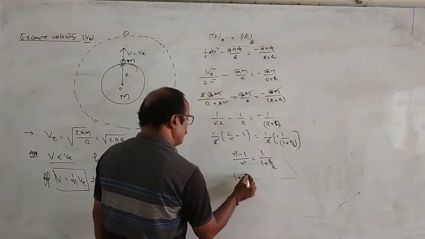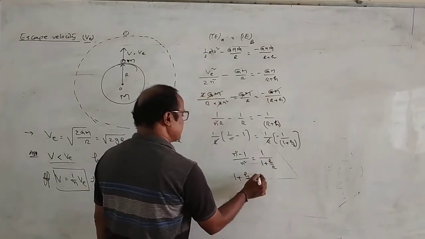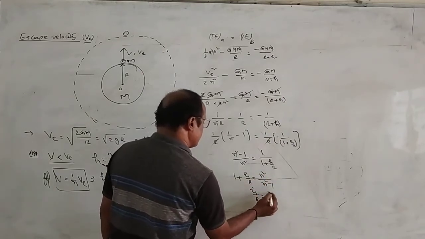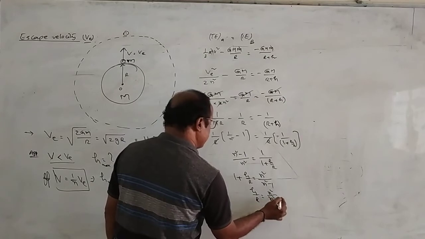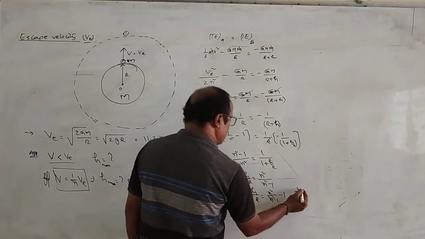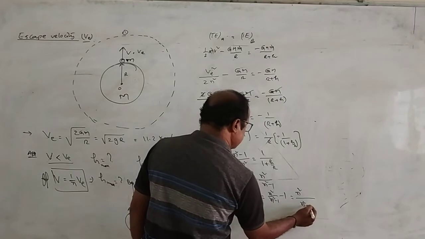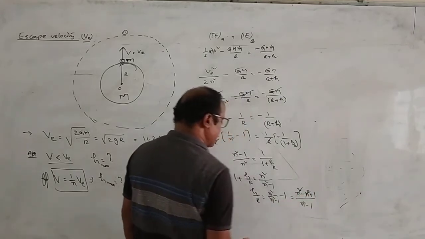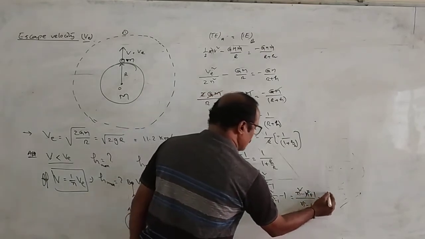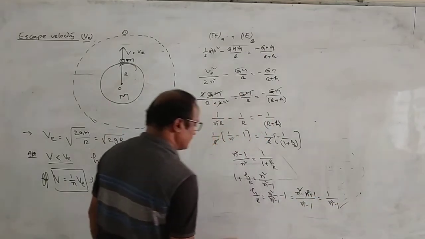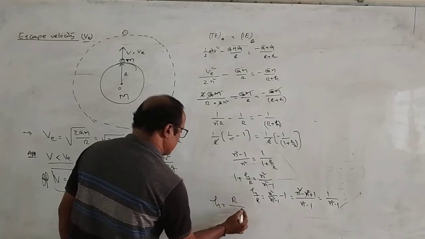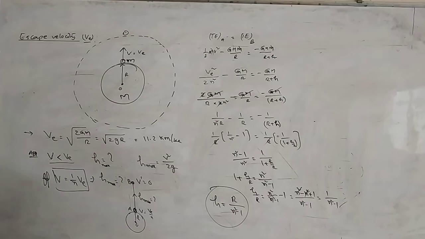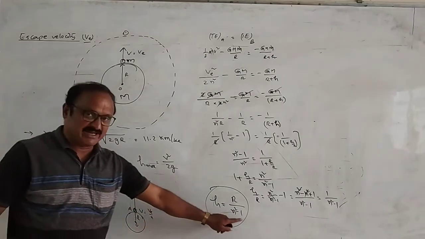Or 1 plus h by r is equal to n square by n square minus 1. So h by r is equal to n square by n square minus 1 minus 1. Taking LCM, n square minus n square plus 1, these two cancel. h by r is equal to 1 by n square minus 1, or h is equal to r by n square minus 1. The maximum height raised by the body is h equal to r by n square minus 1.